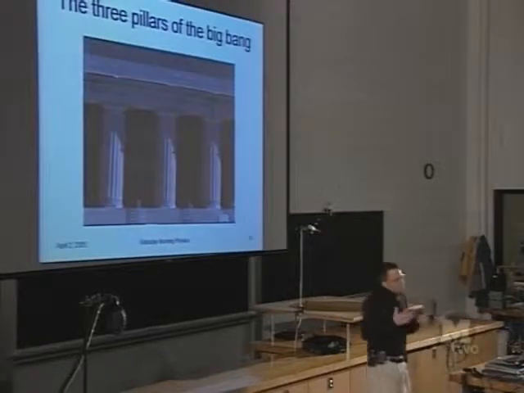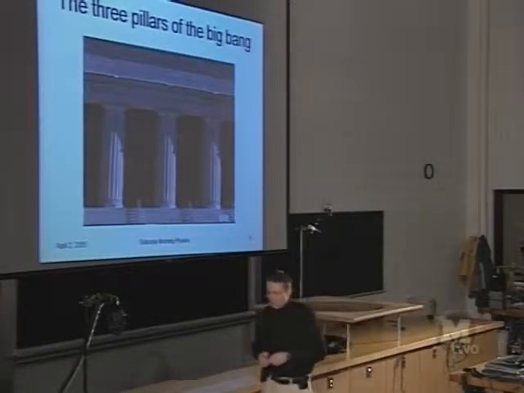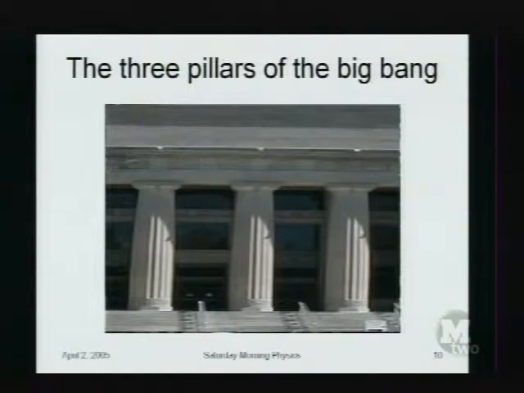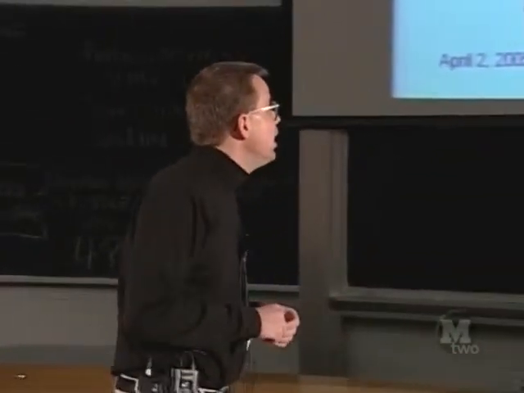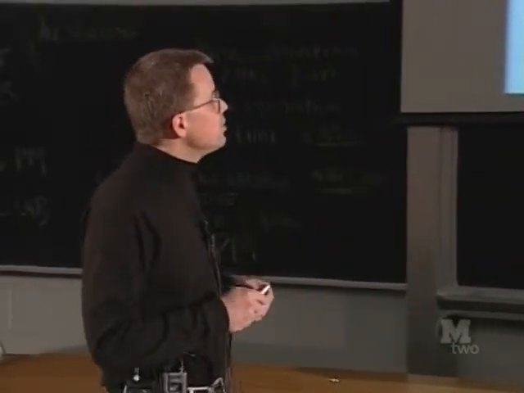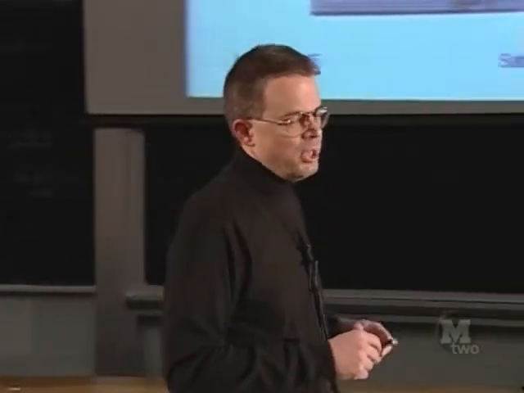All right, so this gave us, by the end of our talk last time, these three pillars of the hot Big Bang theory, and we selected three pillars from Angel Hall to describe them. The first one was cosmic expansion. And it was because of cosmic expansion that people started to think really deeply and seriously about this issue. The discovery of cosmic expansion was the first big clue that we might have had an early, hot, dense universe.